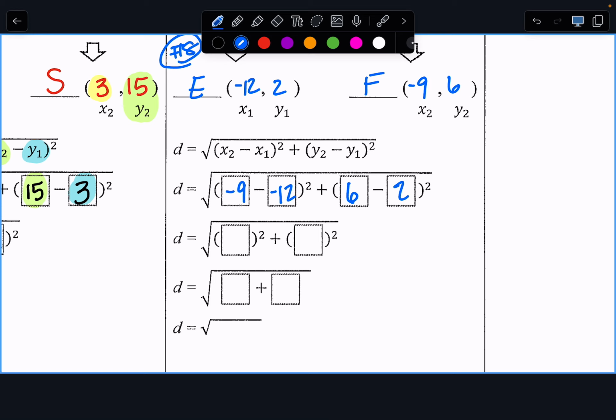From here, integer operations. This is why we spent so long on this. Negative 9 minus negative 12. Okay. Subtracting means adding the opposite, so this is a 3. What's 6 minus 2?